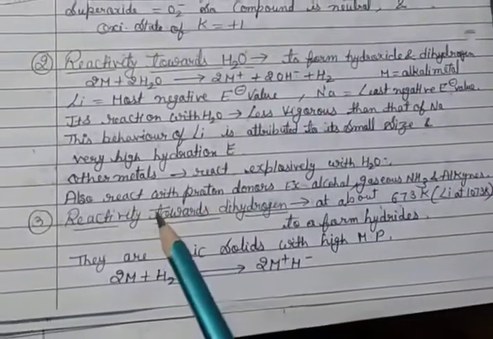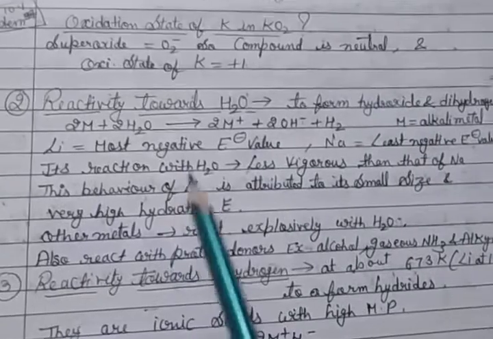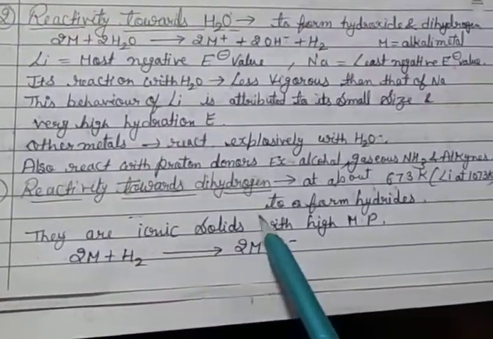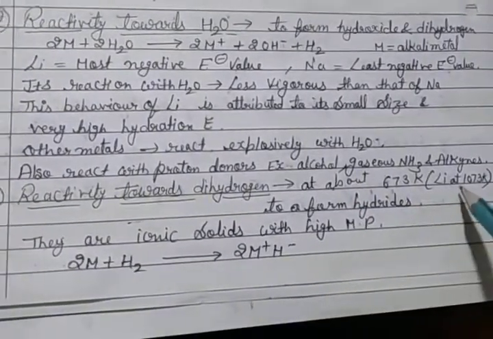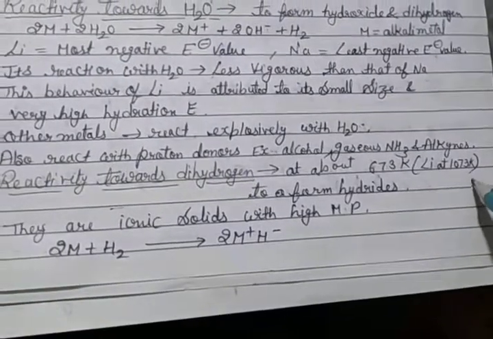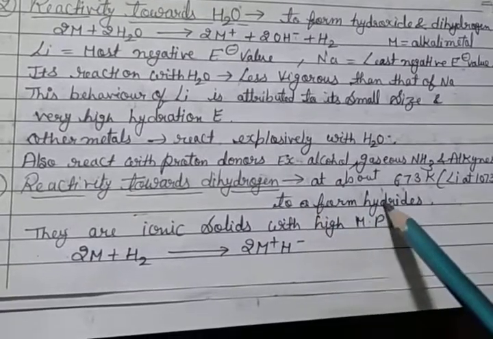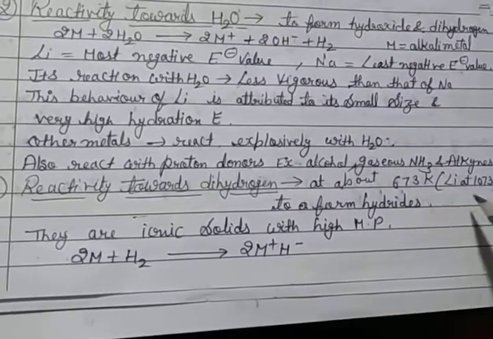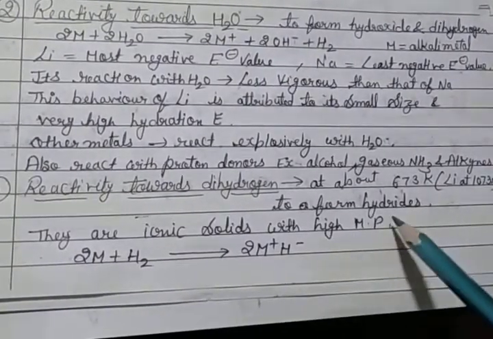So the first chemical property is reactivity towards air, and the second is reactivity towards water. The third is reactivity towards dihydrogen. At about 673 Kelvin, and lithium at 1073 Kelvin, they form hydrides.